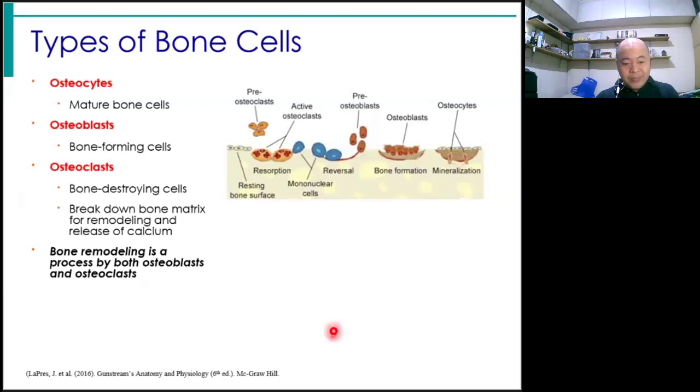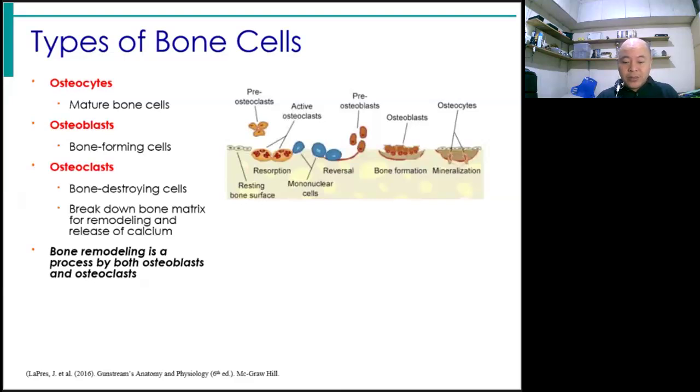So these three bone cells actually represent the process of forming bones and reforming them. We call it remodeling. So when bones remodel, old brittle bone tissue is removed and reabsorbed and replaced by new tissue.